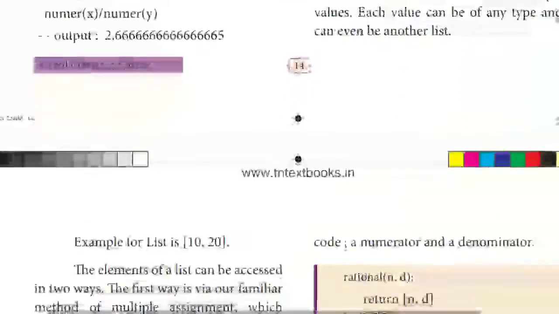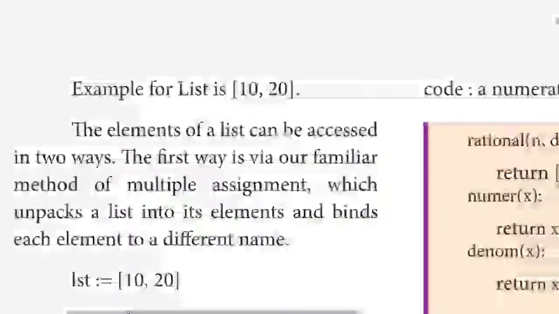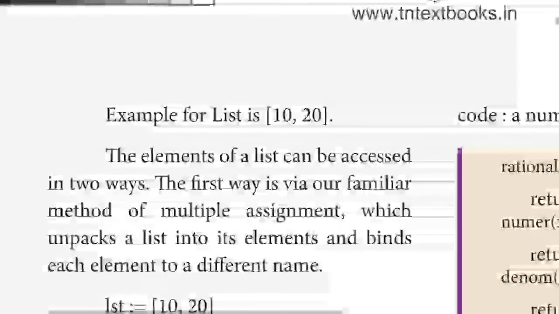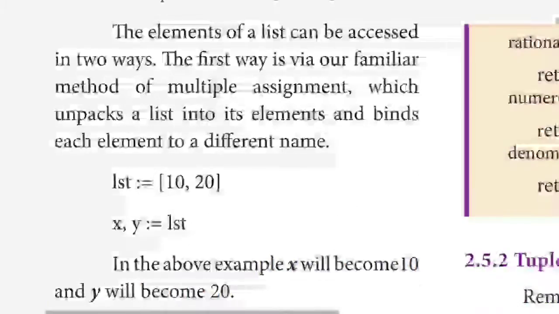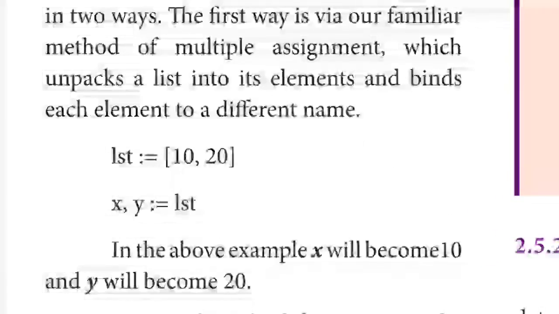Here they have given one example. The example for list is 10, 20, which is given inside the square brackets. Here they have given another example: lst is equal to 10, 20, and x, y is equal to lst.